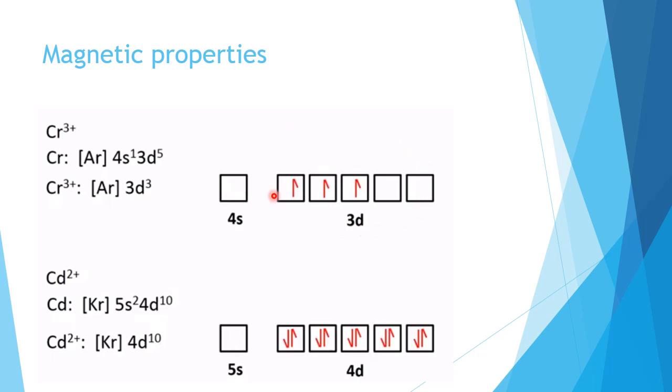It contains 3 unpaired electrons in the orbital. Therefore, it is a paramagnetic substance. If you talk about cadmium 2 plus, it has an electronic configuration in which all the electrons are paired, and due to these paired electrons, it is a diamagnetic substance.